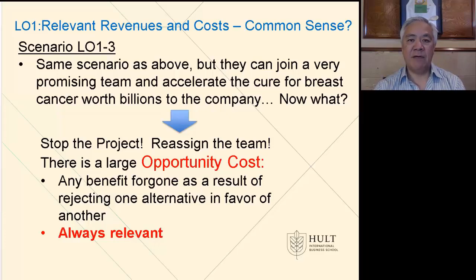In this case, we have a choice for the researchers to either do nothing, just sit there and collect a salary, or complete the research on dog pimples and make $800,000, or be redeployed and increase the chance of achieving billions of dollars of drug sales. This is called an opportunity cost. It's what else you could be doing.